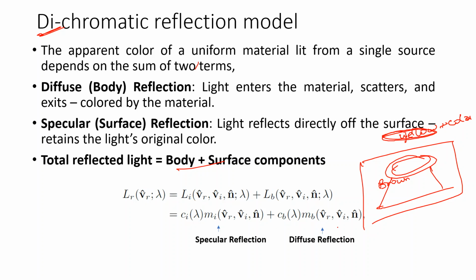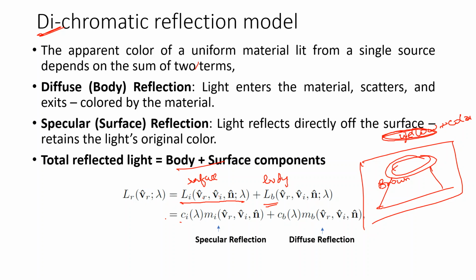So it is nothing but Li of Br Bin cap, and similarly Lb of Br Bin cap. This Br Bin cap completely represents the specular, and this one completely represents the diffuse reflection. So this represents body, this represents surface.